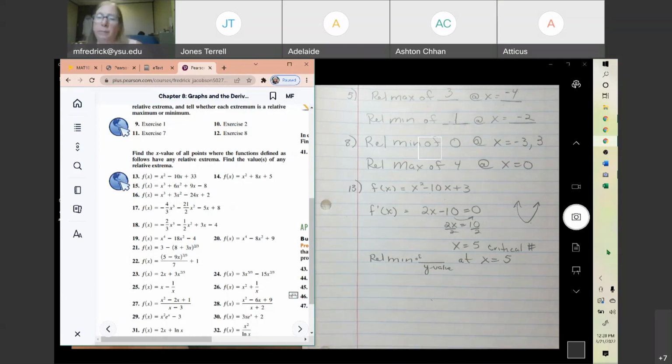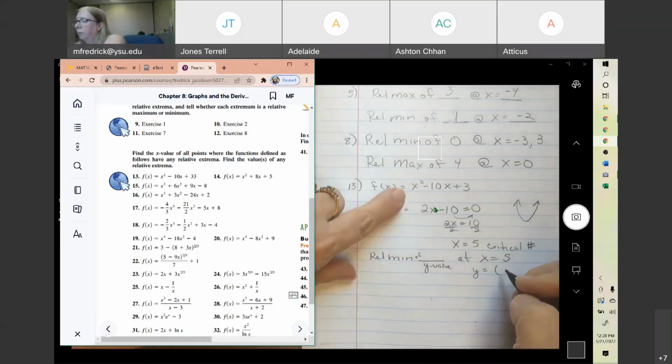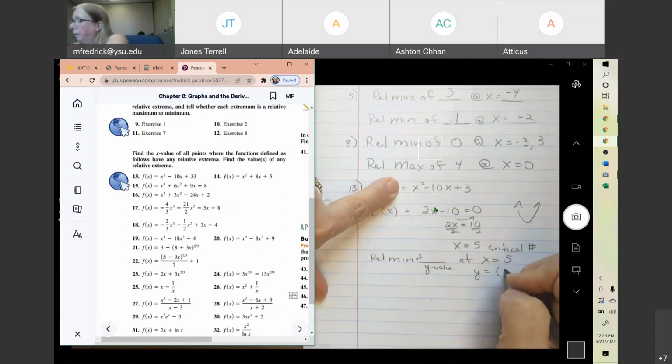So we could graph it. Another way of finding the y value, if you don't graph it, you plug this into the original. So y equals the 1 before the derivative, 5 squared minus 10 times 5 plus 3.